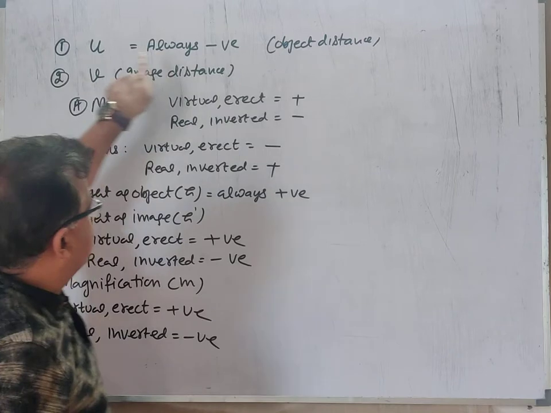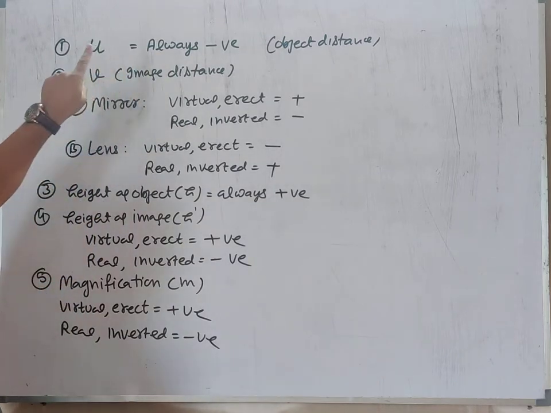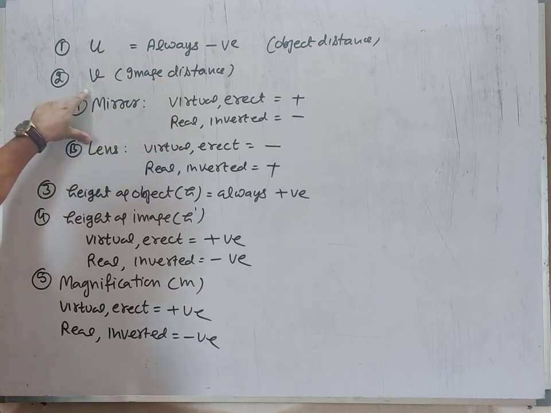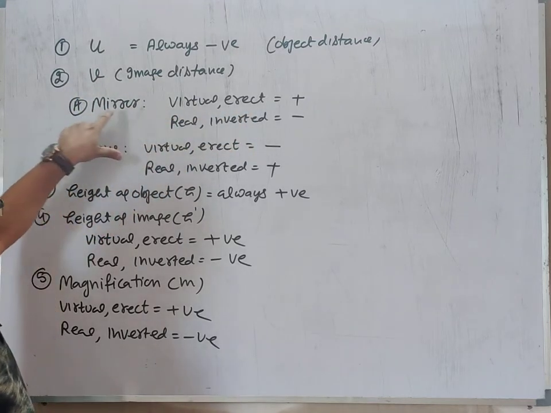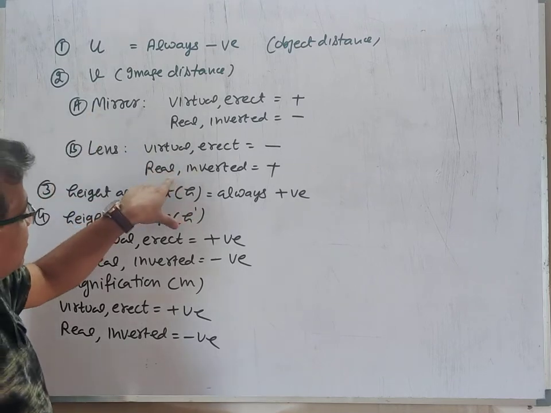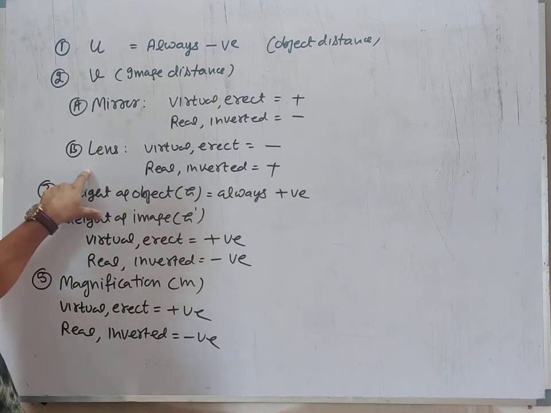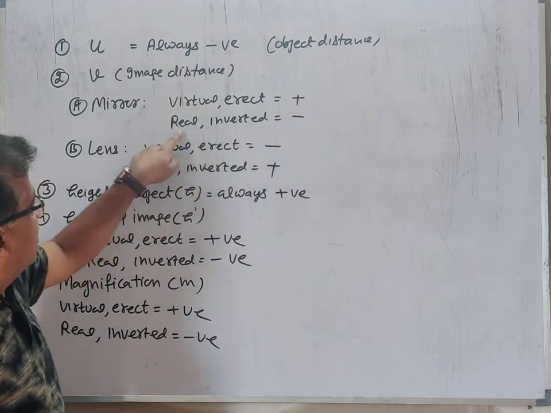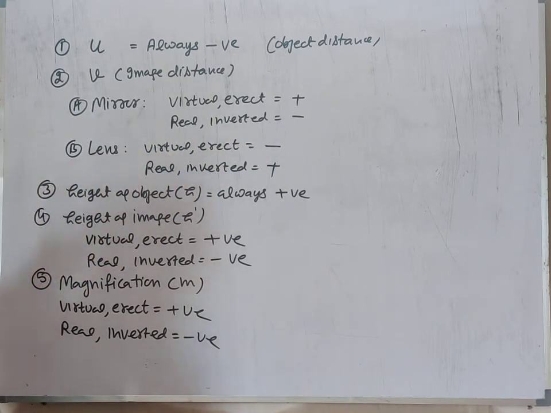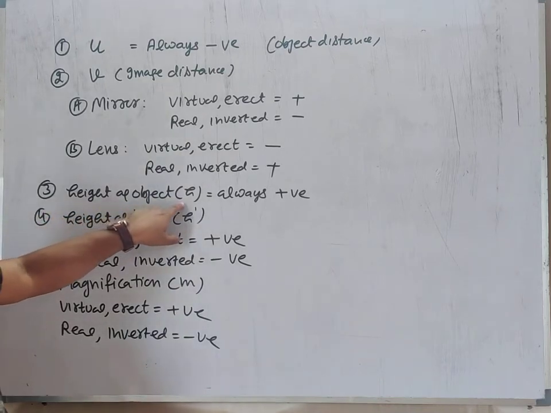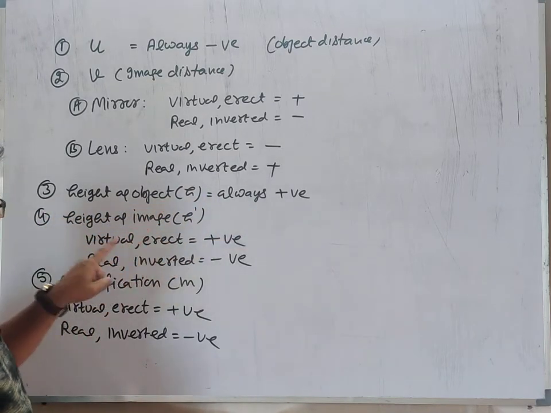Object distance, that is u, is always negative whether it is lens or mirror. Image distance, that is v, is positive for virtual image in mirror and real image in lens, and negative for real image in mirror and virtual image in lens. Height of the object h is always considered positive.